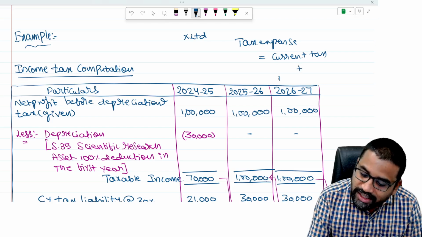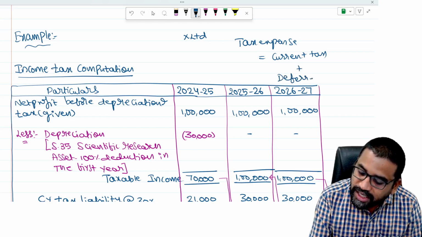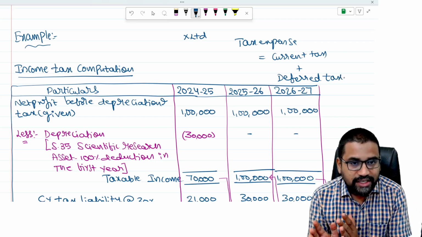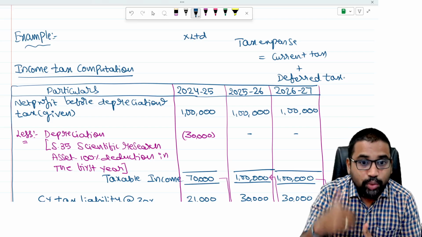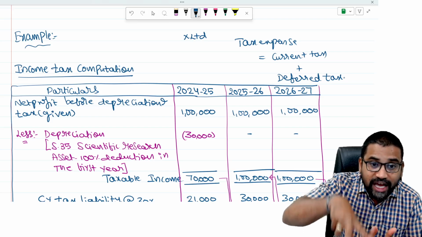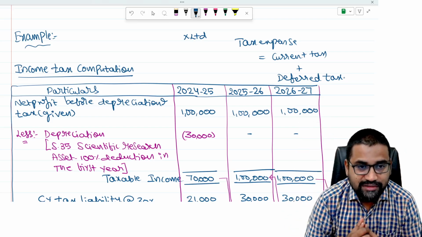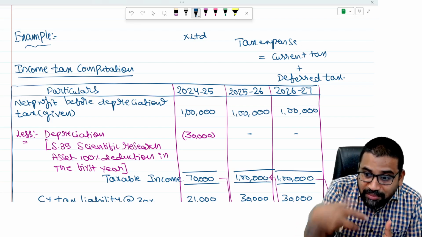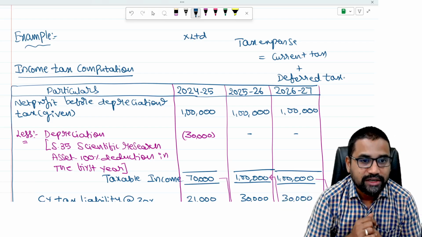Another one is deferred tax. What is current tax? Current tax means tax liability of the current year as per the Income Tax Act provisions. Deferred tax means the tax effect of timing differences between accounting income and taxable income.